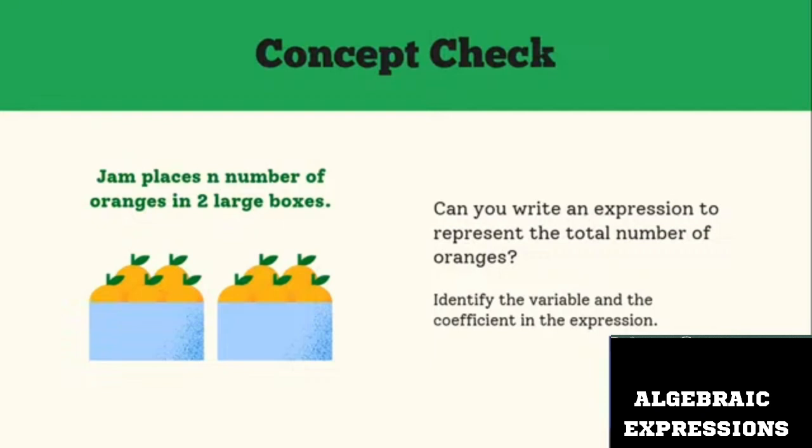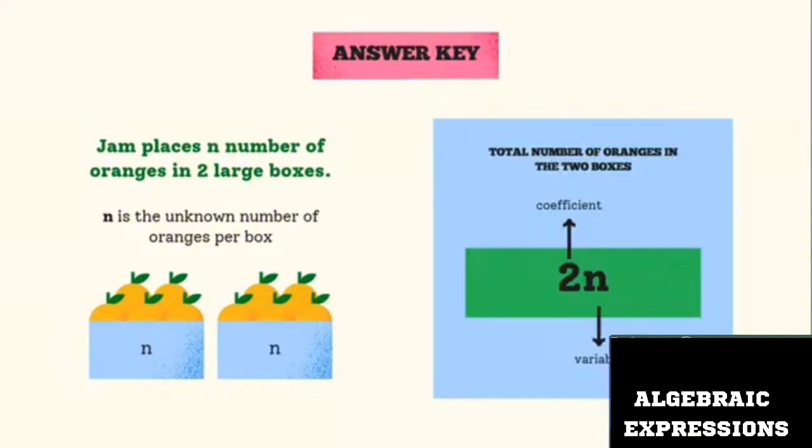All right, so how do we work this one out? Jem places n number of oranges in 2 large boxes. We know that n is the unknown number of oranges per box. So each box has got n number of oranges. Then the number of boxes in which these n oranges are placed is 2.